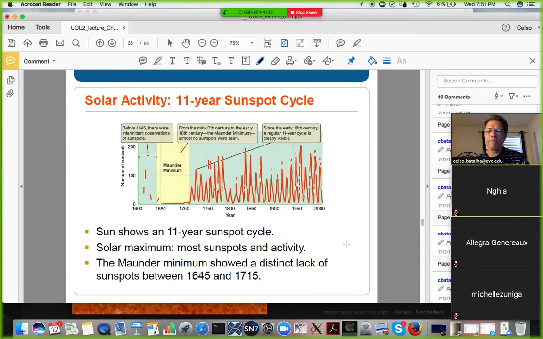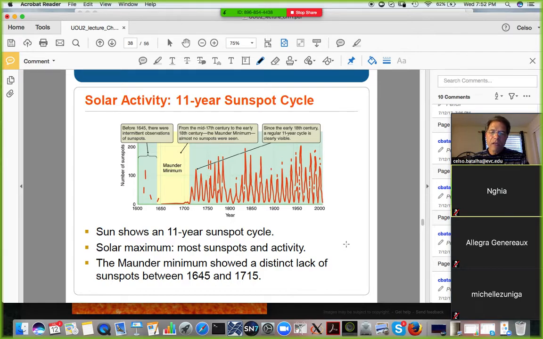And some think that when the sun becomes very active and it shoots out lots of particles, the solar wind is intense, then perhaps these particles, protons and electrons, might interact with the Earth's upper atmosphere and might trigger weather changes.